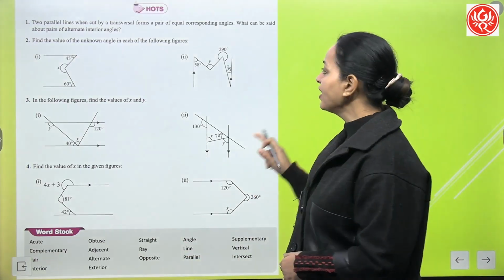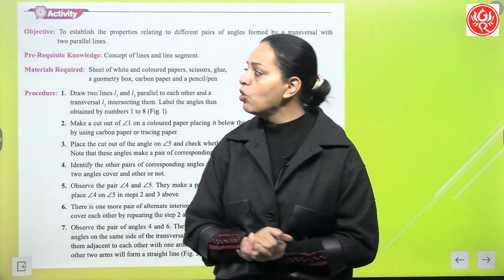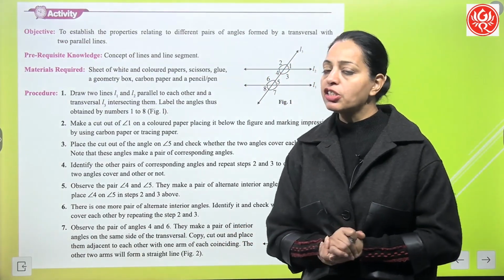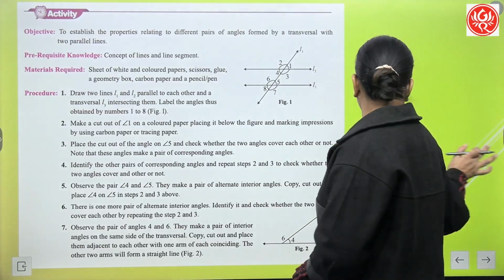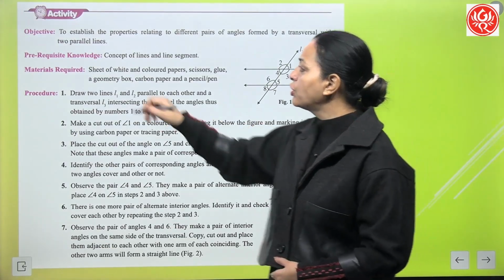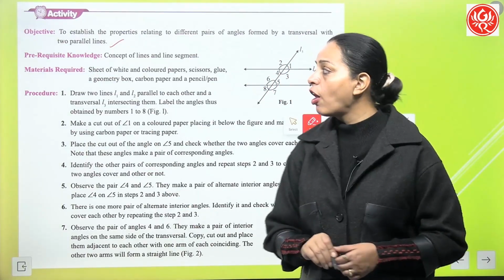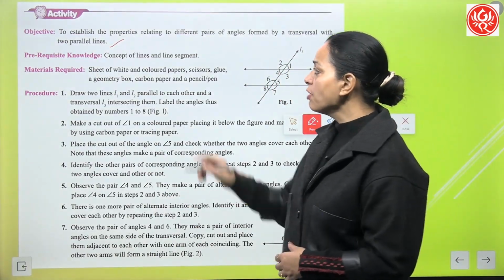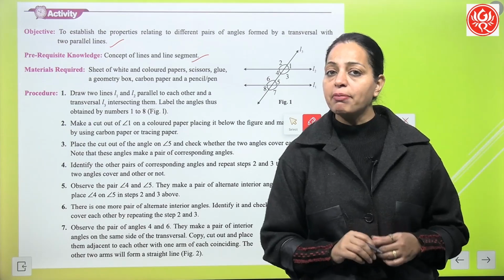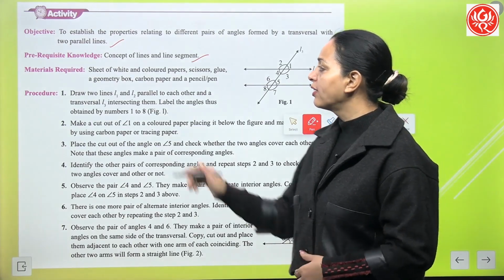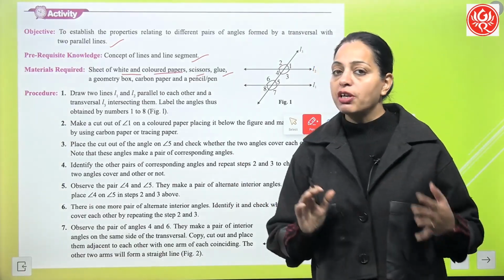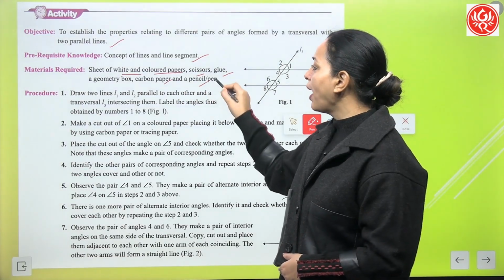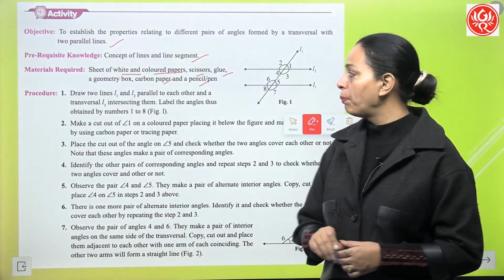So now see, next we have one activity for you. Objective: to establish the properties relating to different pairs of angles formed by a transversal with two parallel lines. Prerequisite knowledge: concept of lines and line segments. Materials required: sheet of white and color paper, scissors, glue, a geometry box, carbon paper and a pencil or pen.